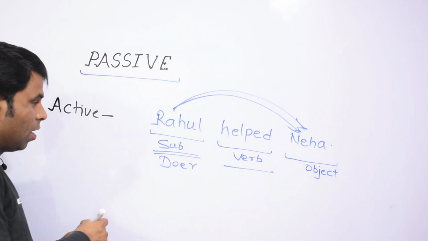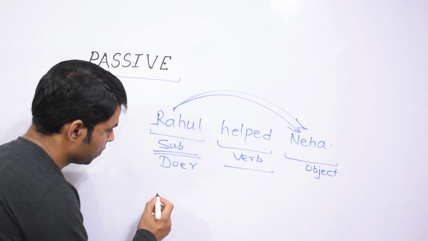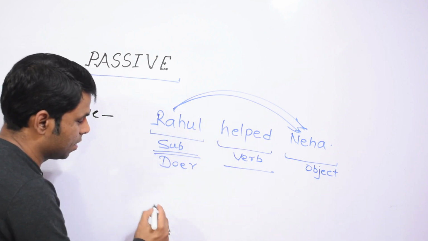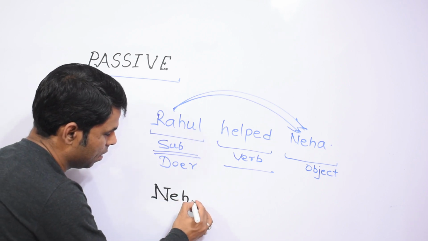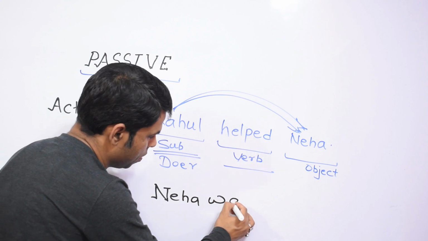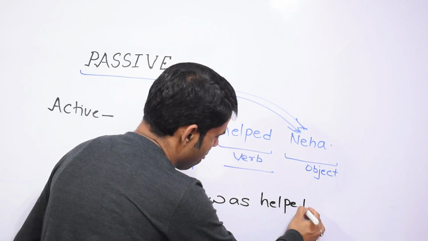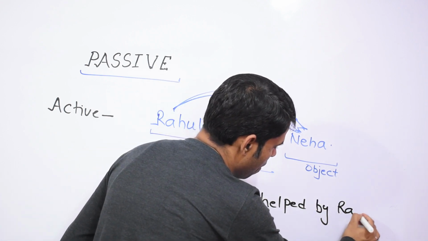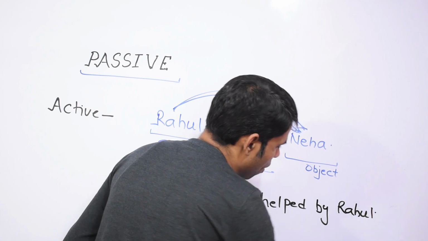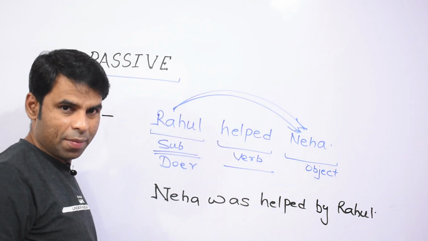Now let me write down another sentence here. This is an active sentence. If I write, Neha was helped by Rahul, the meaning of both sentences is the same.